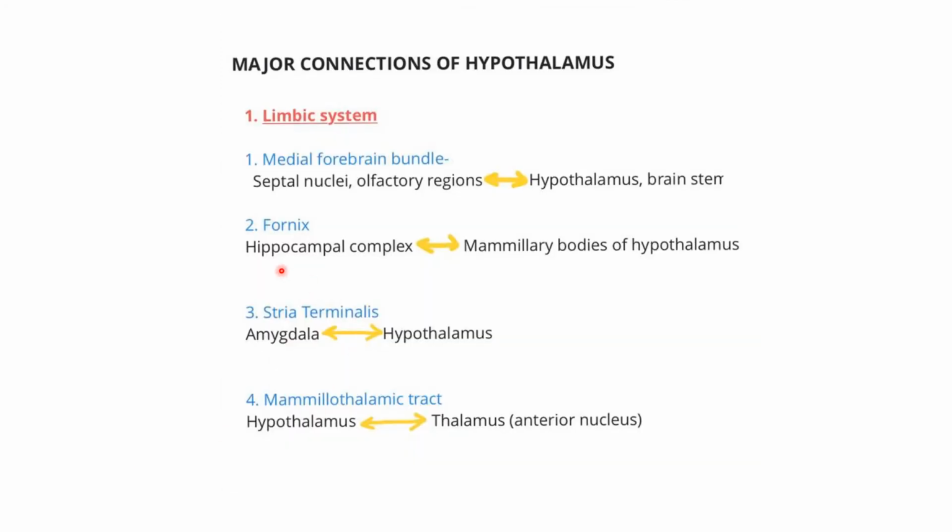Next, we have the fornix, which is a C-shaped bundle of nerves in the brain, which acts as a major output tract of the hippocampus. The fornix connects the hippocampal complex, and it outputs to and connects to the mammillary bodies of the hypothalamus.